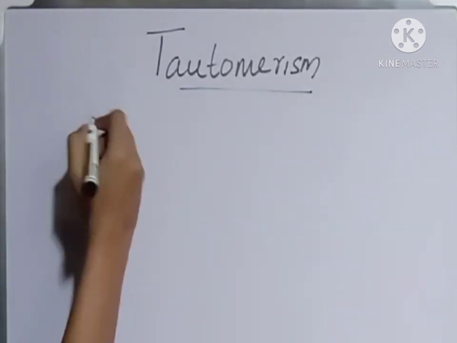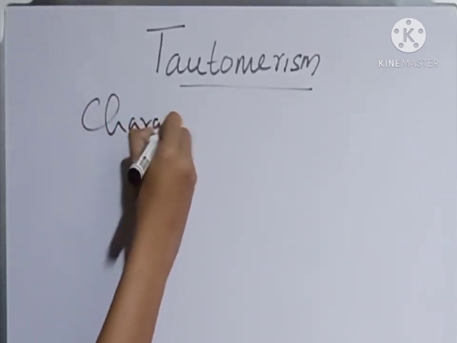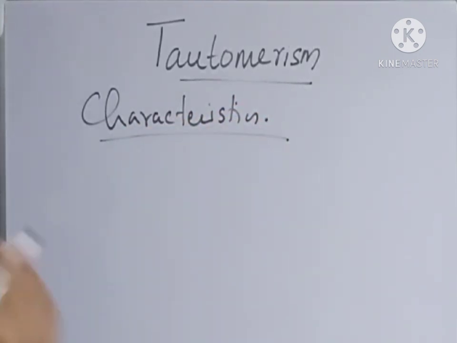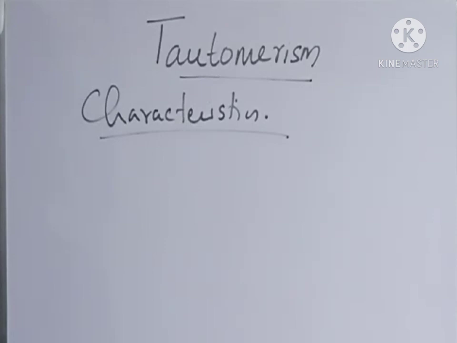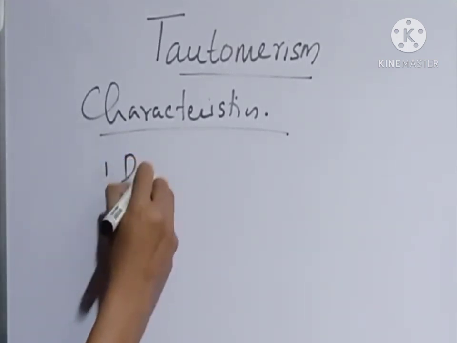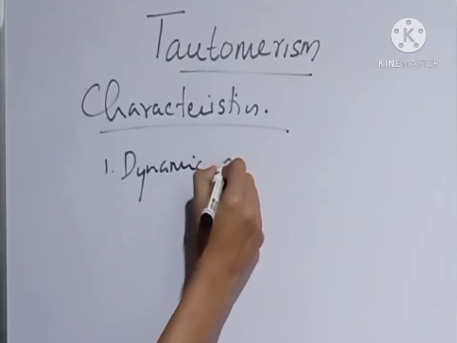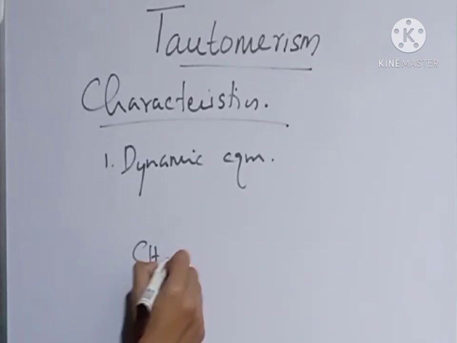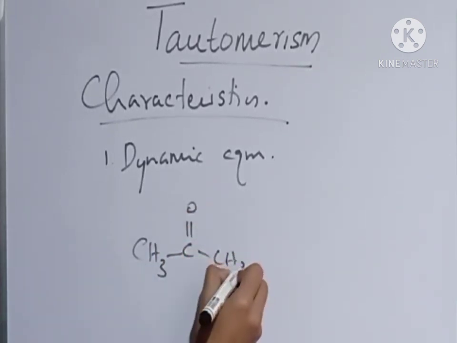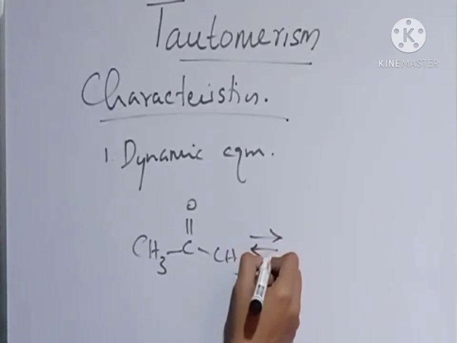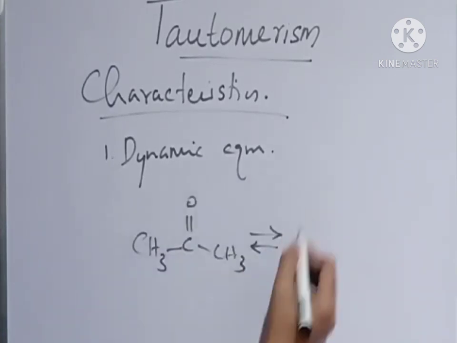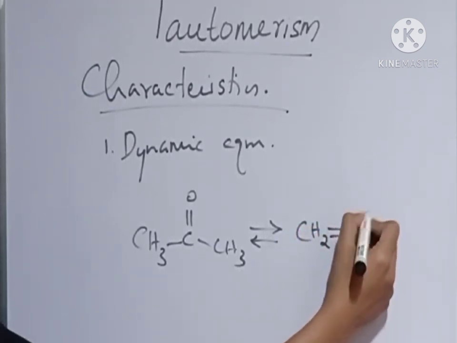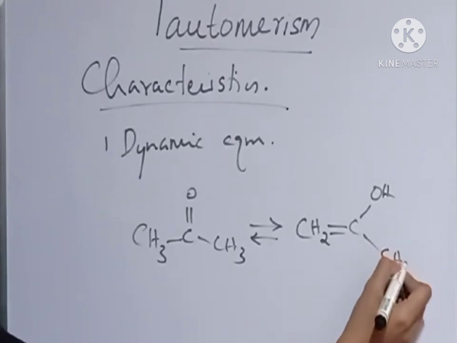If we talk about the characteristics of tautomers, these tautomers exist in dynamic equilibrium. That is, CH3COCH3 exists, and the enol tautomer of this is CH2 double bond C(OH)CH3.